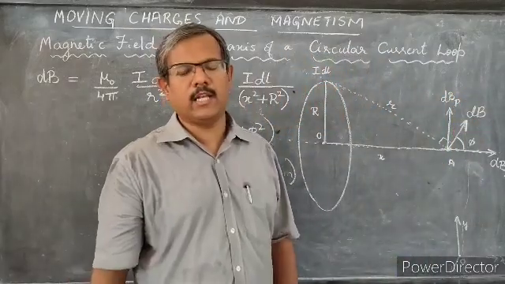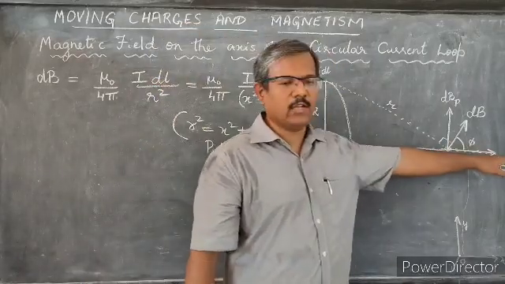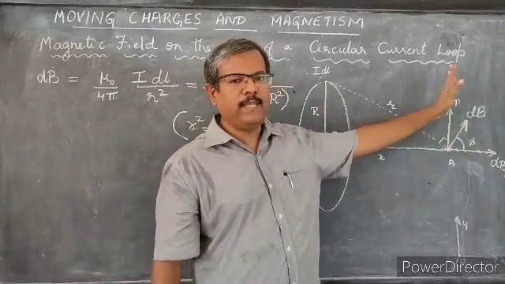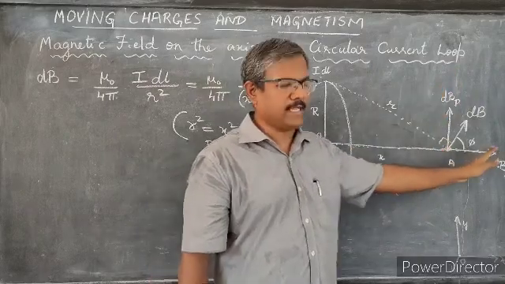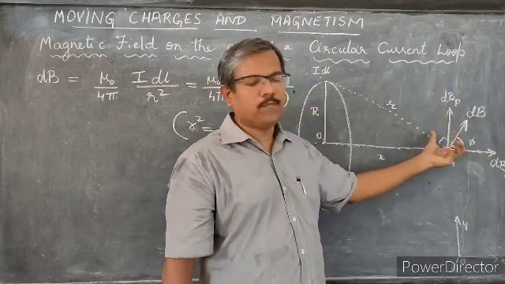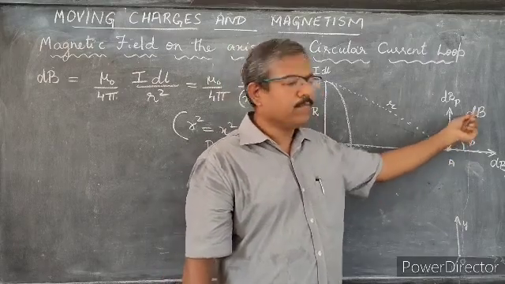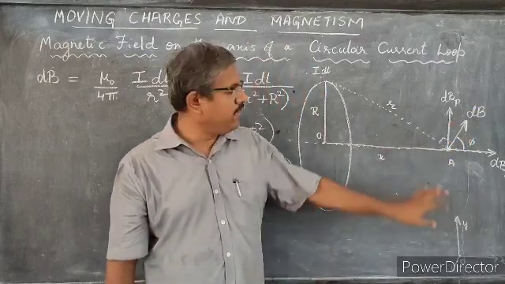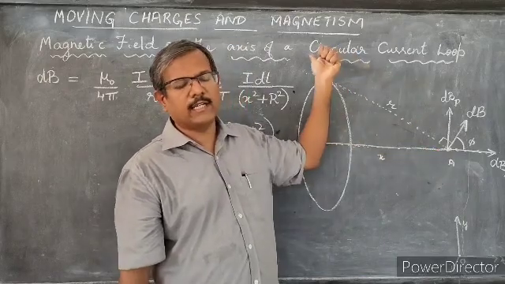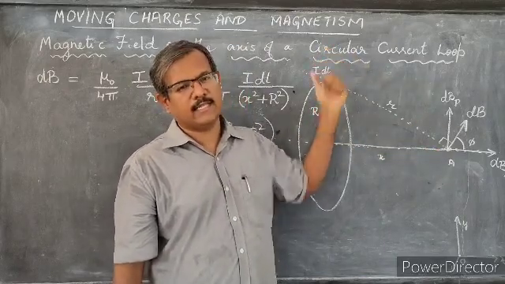P for perpendicular. So dBx is along the x-axis, and dBp is perpendicular to the x-axis. These are the two components by means of which I have resolved my magnetic field dB at this point due to the current element under consideration.